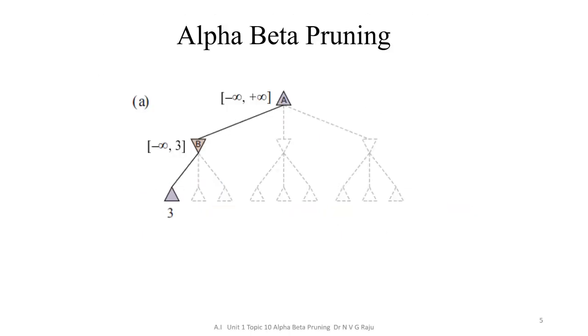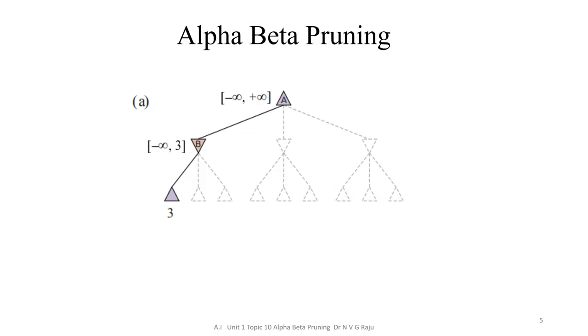Let us find out the stages in calculation of the optimal decision tree. Min-max uses DFS on the game tree. Initially, max will start his turn with minus infinity and plus infinity as values. Then at node B, min will start his turn.